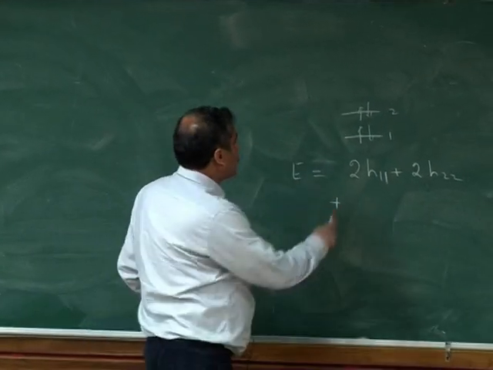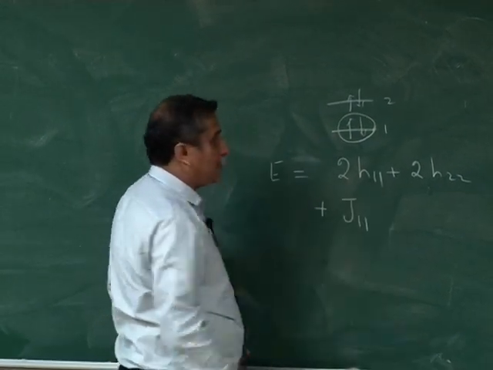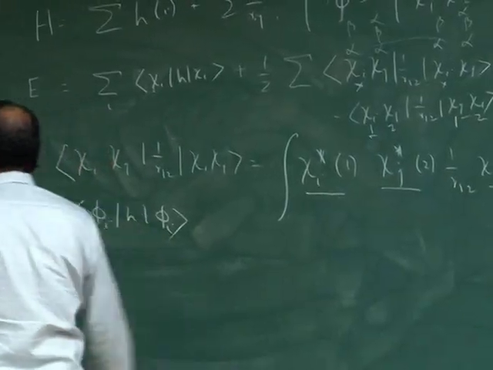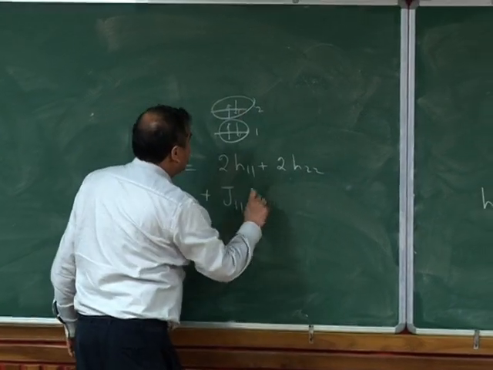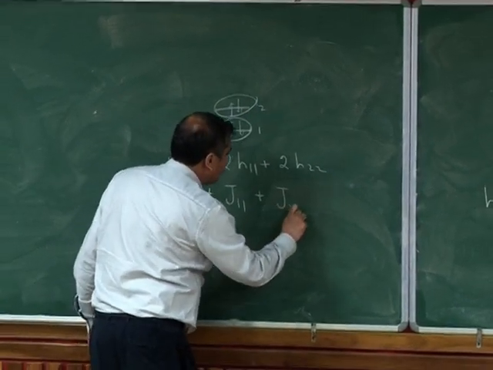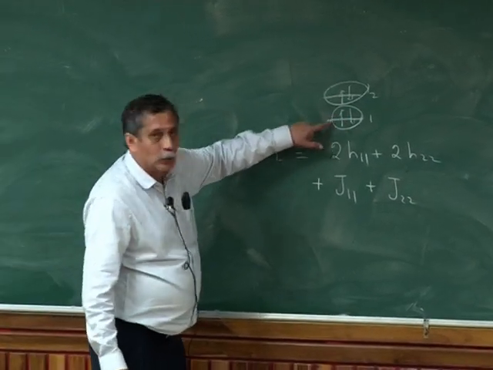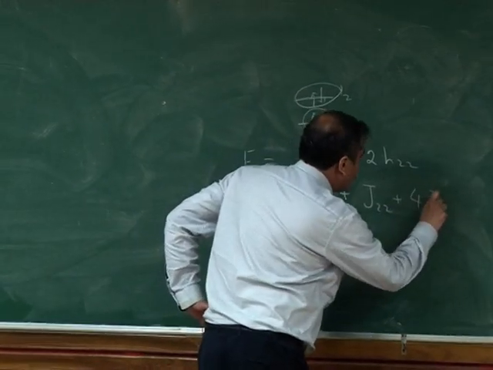Out of the 6 pairs, 1 is in orbital 1, so I will write this as J11. Then a pair is in orbital 2, so J22. Then there are 4 pairs between 1 and 2. So this will be written easily, you can see, as 4 J12.